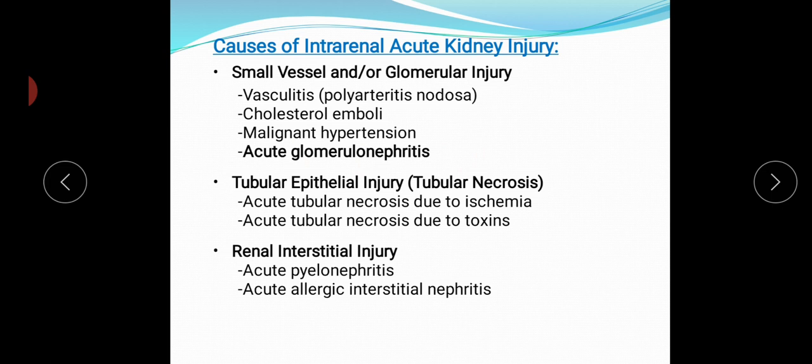The antibody and antigen react and form clots that block the blood supply to the kidney and affect the glomeruli. In that way the glomeruli may be damaged, become non-functional, and that will cause the renal failure. The various other causes are highlighted here.